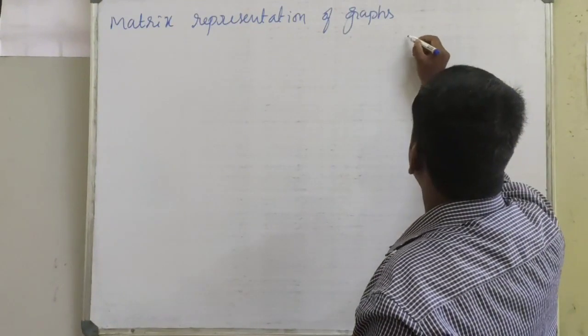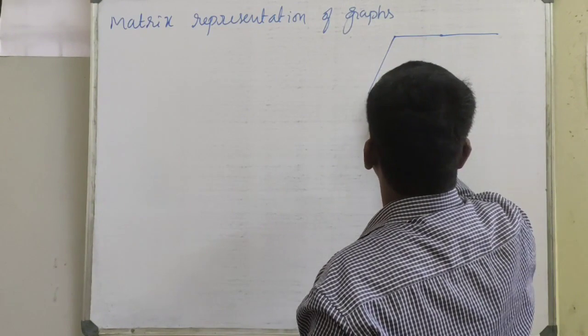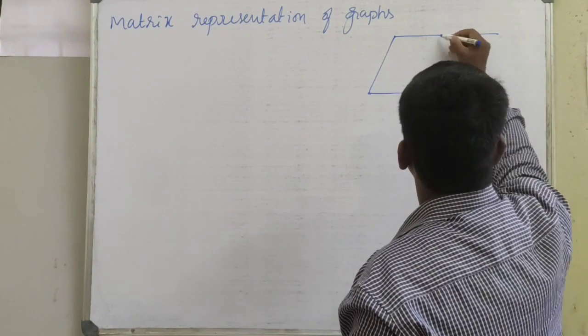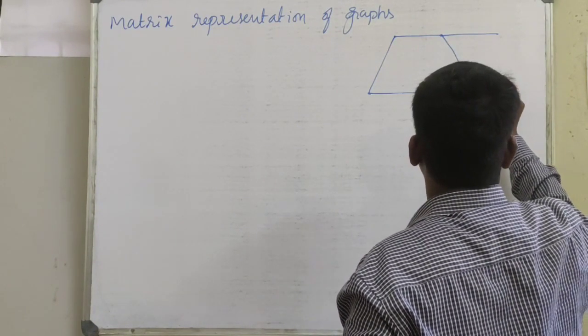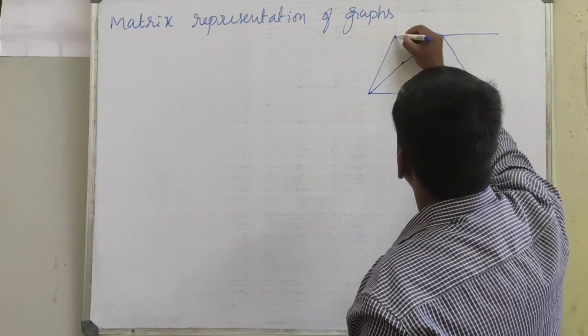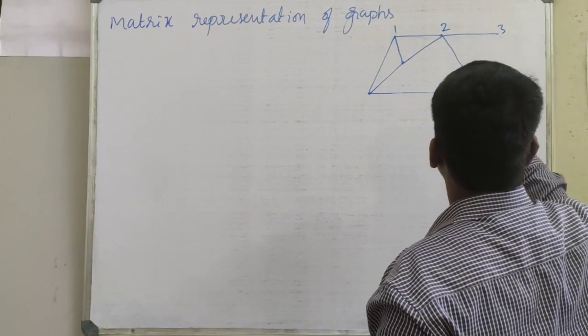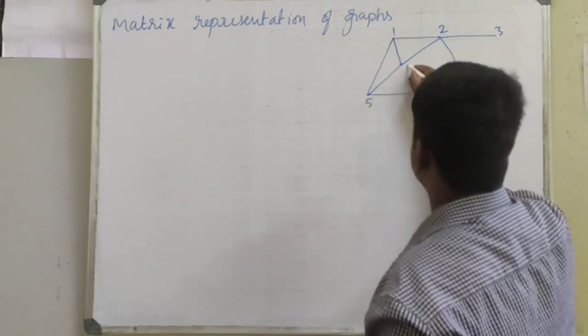So for example, I take this one. I take an arbitrary graph and label this as say 1, 2, 3, 4, 5, 6.